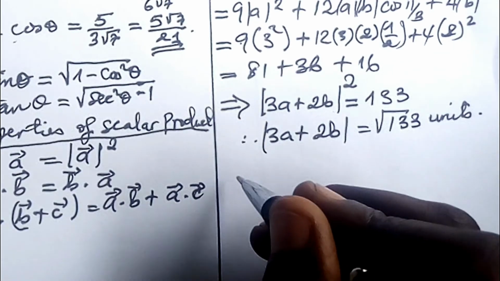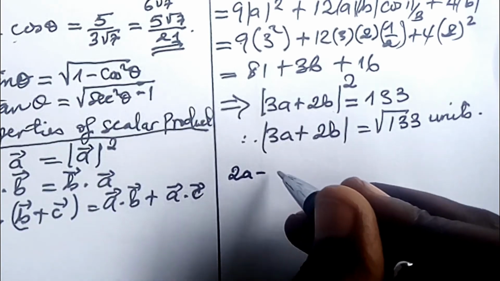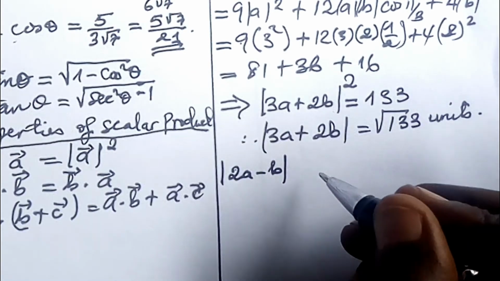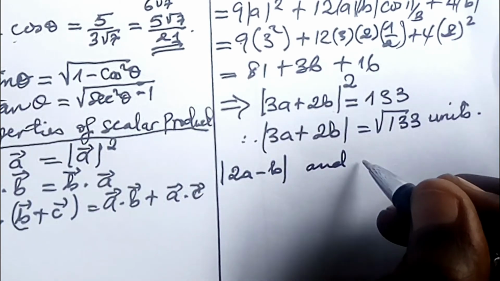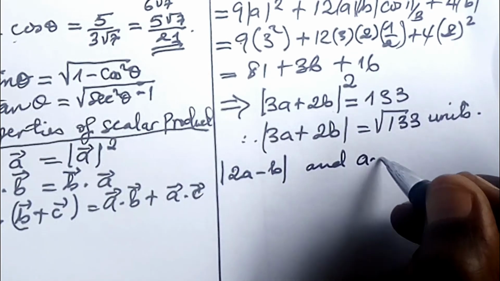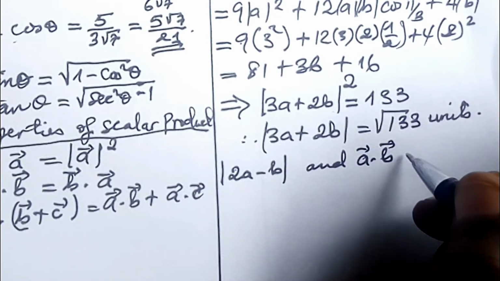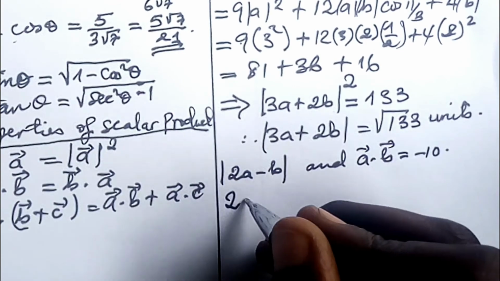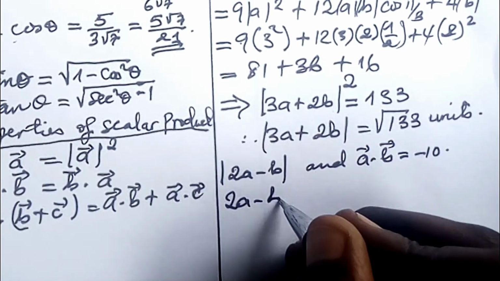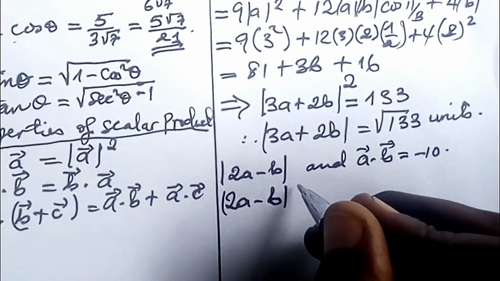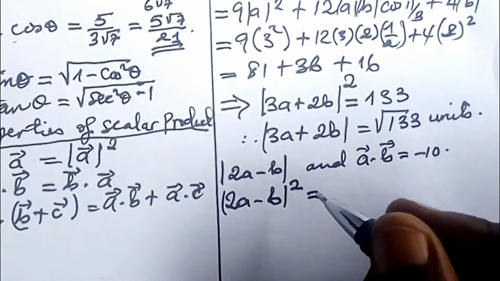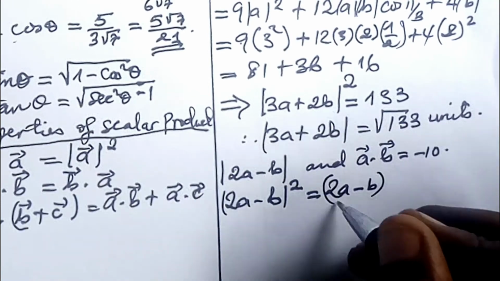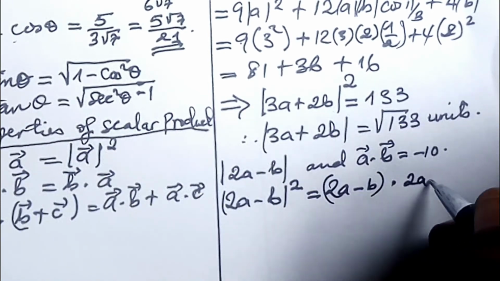So if I instead had the magnitude of 2a minus b to find, and they had given me the fact that a dot b should be negative 10, then I start again with the magnitude of 2a minus b squared being the dot product of the vector with itself.